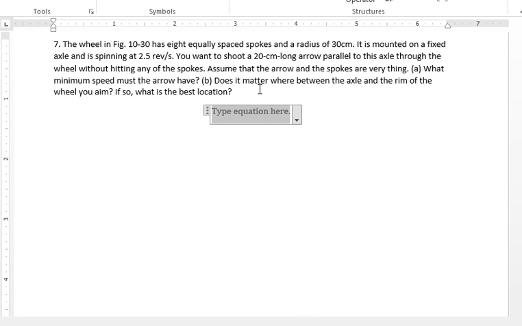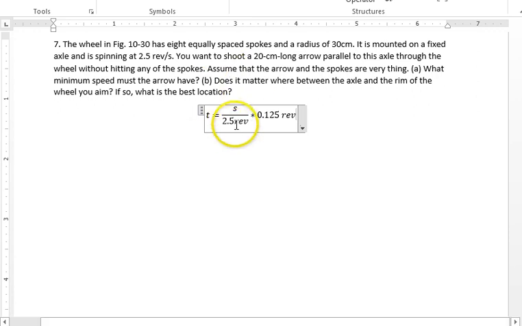So the amount of time we have, at 2.5 revolutions per second, is one second per 2.5 revolutions times 0.125, or 1/8 of a revolution, right? That's how long we have to get the arrow through.